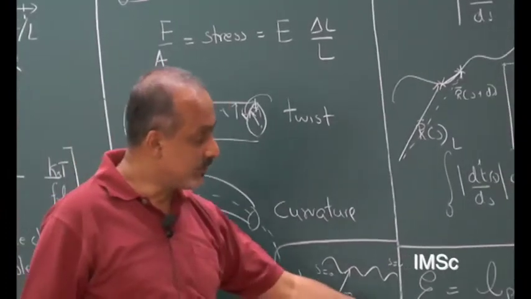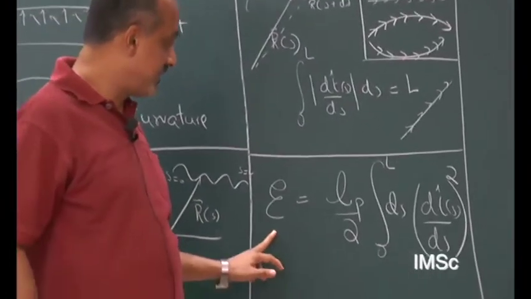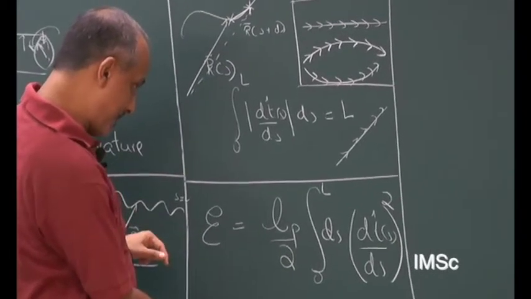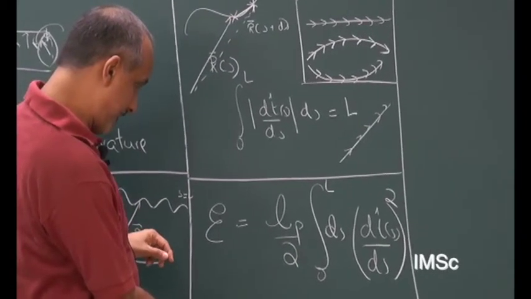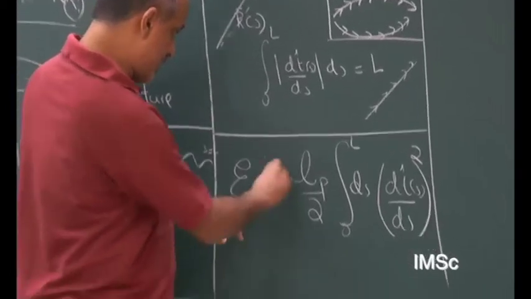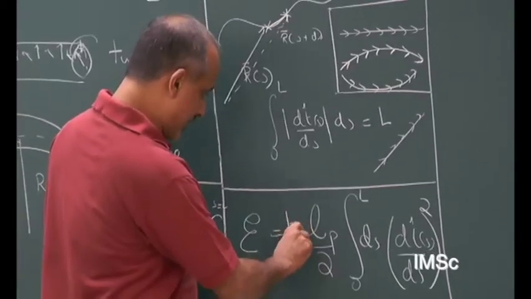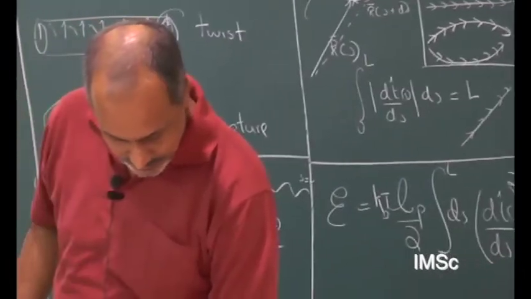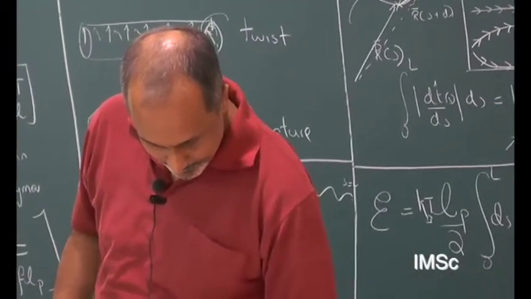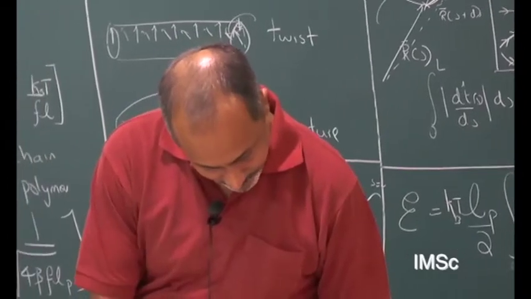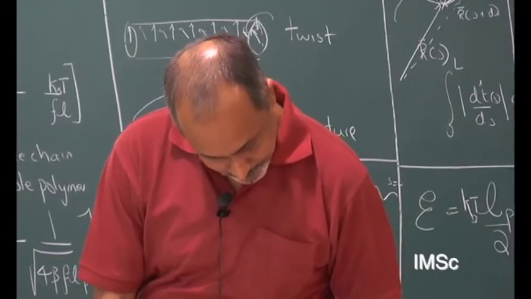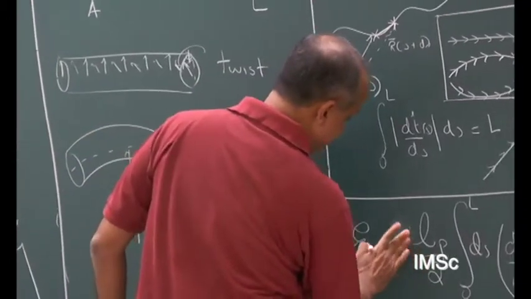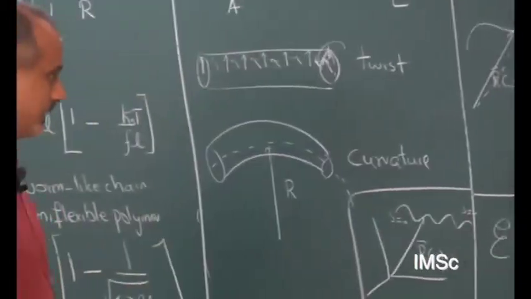Let's just think a little bit about the dimensions here. So this should be E, I think this should be kBT. kBT times Lp divided by 2 is the value that I think I should have. No, there's already kBT hidden inside the Lp, so I don't need it there. All right.